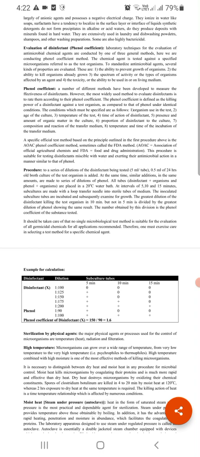The inoculated subculture tubes are incubated and subsequently examined for growth after 24 to 48 hours.